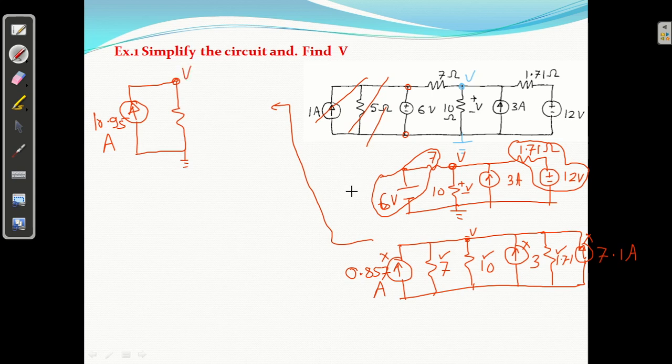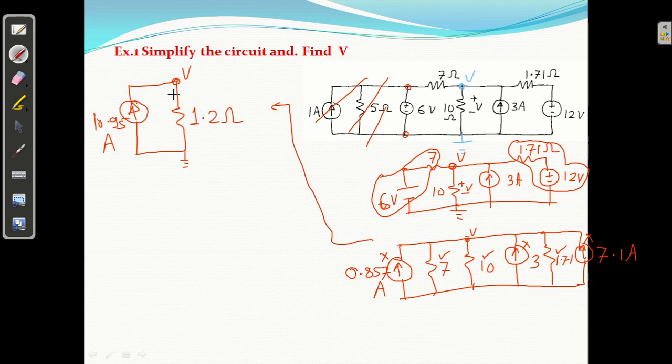Just wait. All these three resistors are in parallel. Please be careful. Use the calculator: 1 upon R equal to 1 upon 7 plus 1 upon 10 plus 1 upon 1.71. So you will get 1 upon R, then you can get R equal to 1.2 ohm.